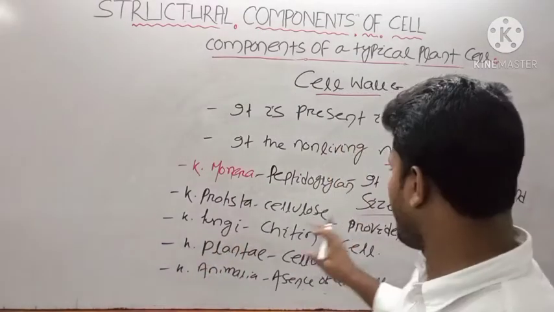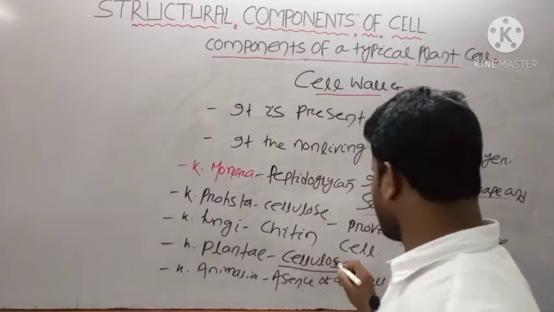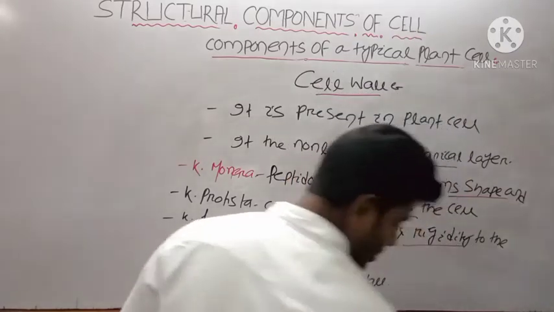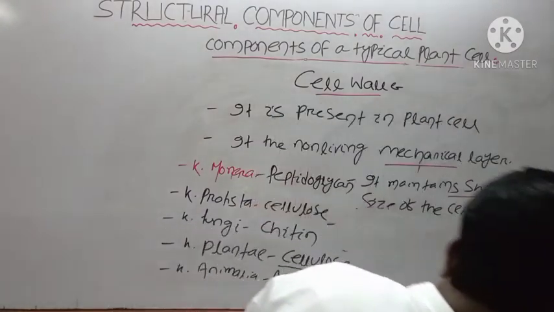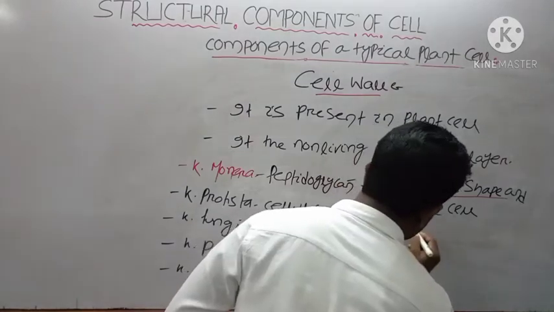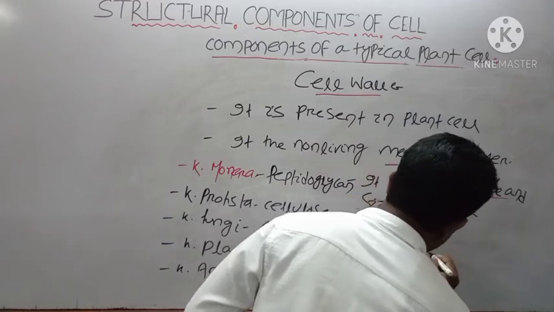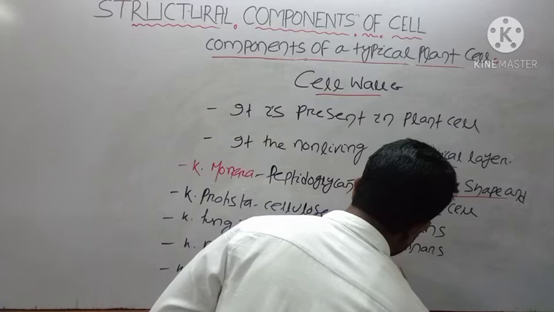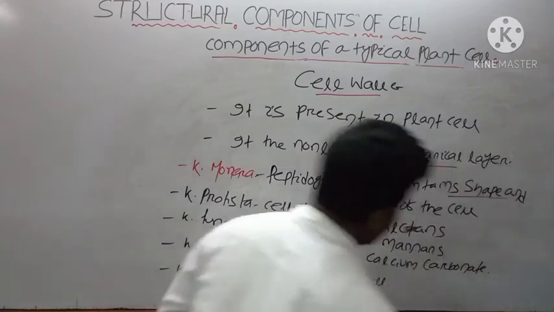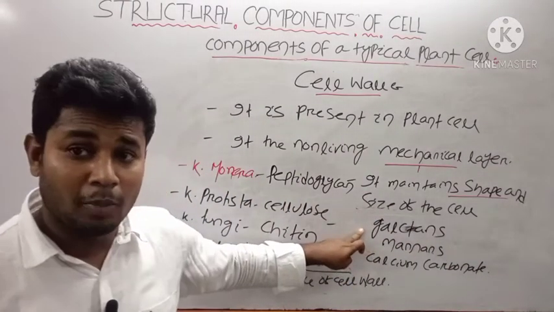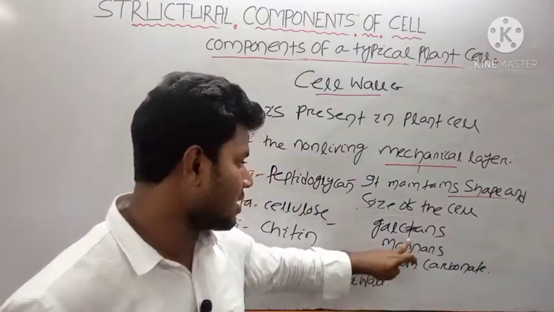In plants the cell wall consists of cellulose, but in algae, in addition to cellulose, there is the presence of galactans, manganese and calcium carbonate.